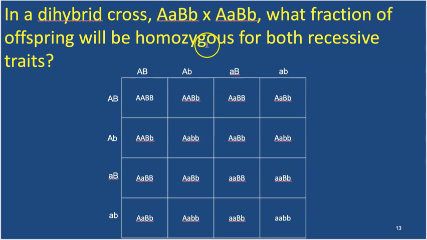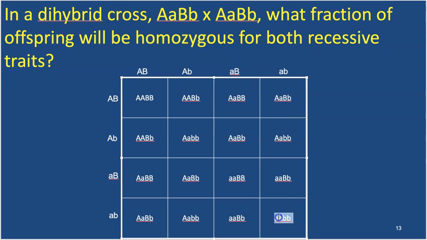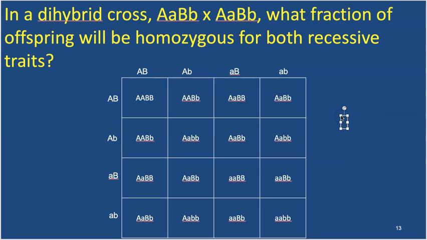The question is, what fraction of the offspring will be homozygous for both recessive traits? So it looks like there's only one. There's one possible offspring that is homozygous recessive for both traits, the one represented by lowercase a and lowercase b. So if there's just one F1 individual, that means it is 1 out of 16 possibilities.